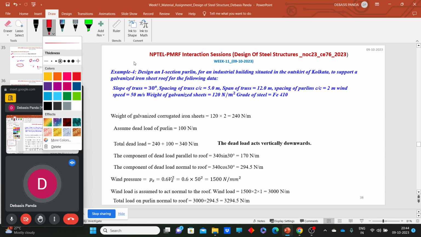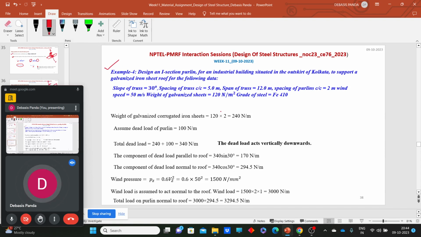What that example is saying: design an I section purlin. So for the example we are considering the I section purlin. We have gone through the design procedure of design of purlin using I or channel section.